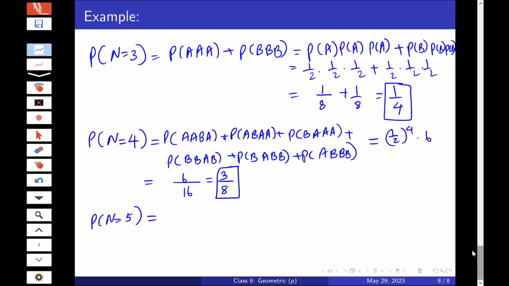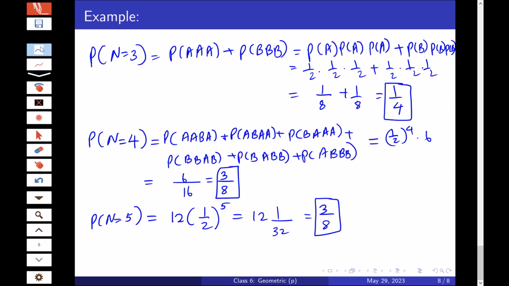So you will get 12 times 1/2 to the power 5, which is 12 over 32. So it is 3 over 8.